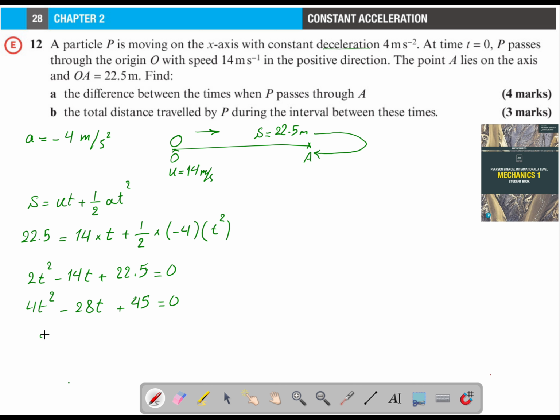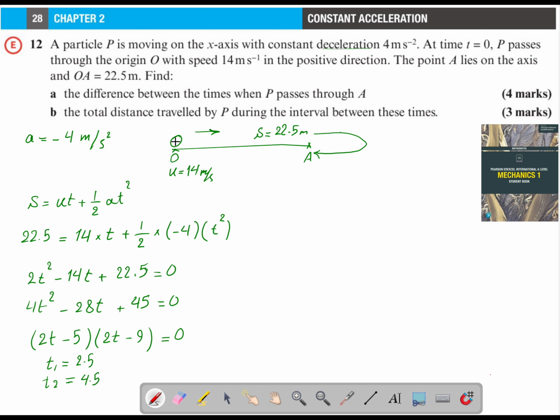So it will be 2t minus 5 multiplied by 2t minus 9 equals 0. Okay, so you can find t1 equals 2.5 and t2 equals 4.5.